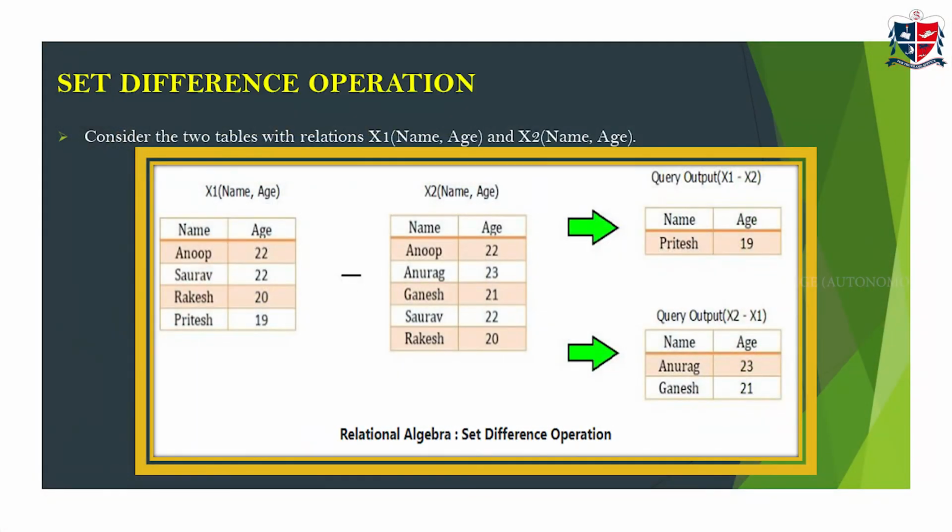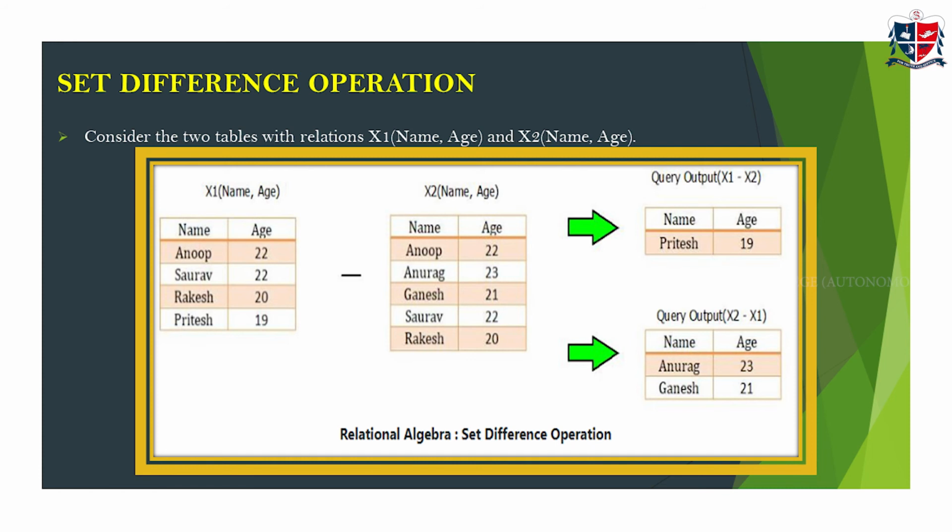Here is an example. We take two relations x1 and x2, both having the attributes name and age. First we perform x1 minus x2. It is clearly understood that the data present in x1 and not present in x2 will be retrieved. In this table only one item is there, that is British, and his age is 90.